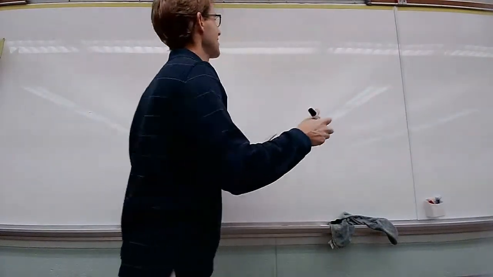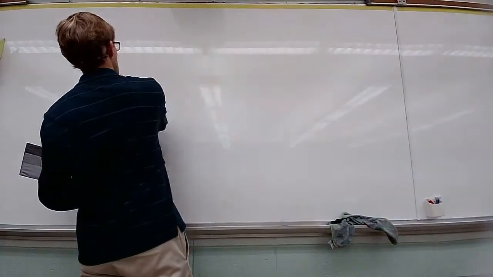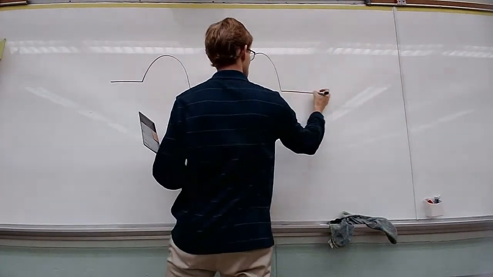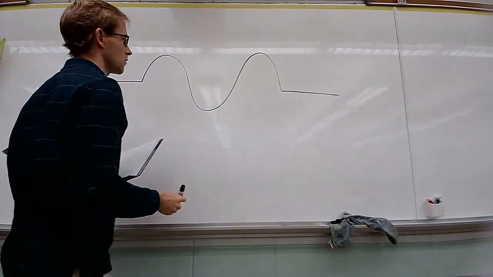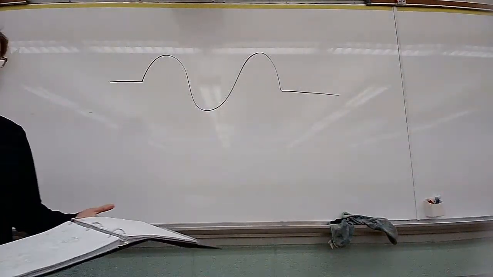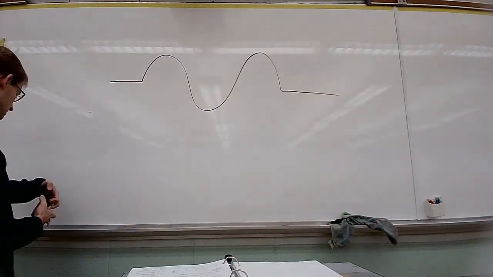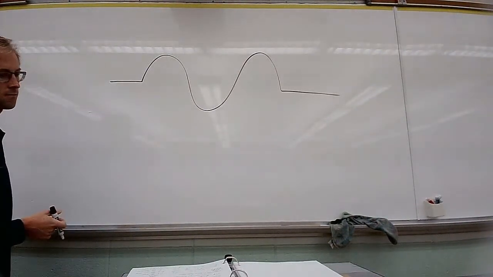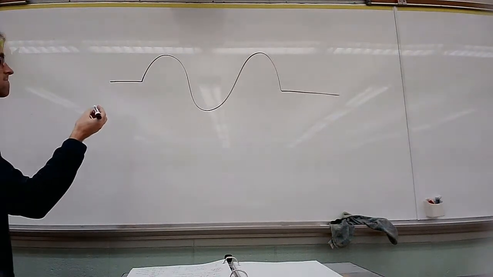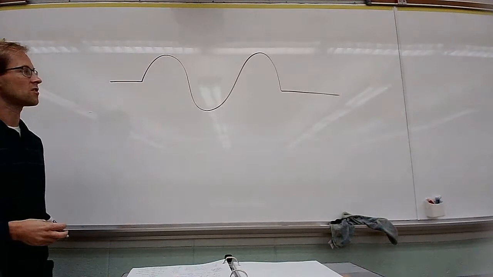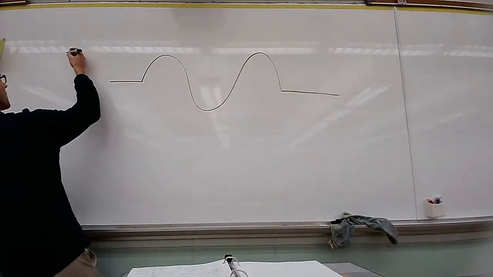All right, just a couple things about the two different kinds of waves here. You can draw something like this in your notes. We'll point out a few different characteristics. This is known as a transverse wave, so you can label that somewhere.